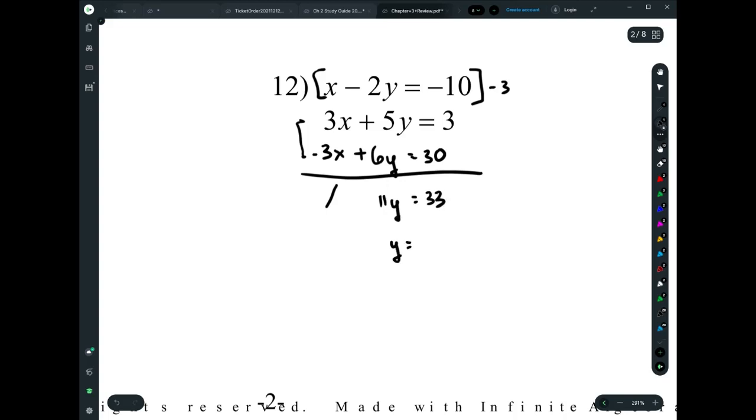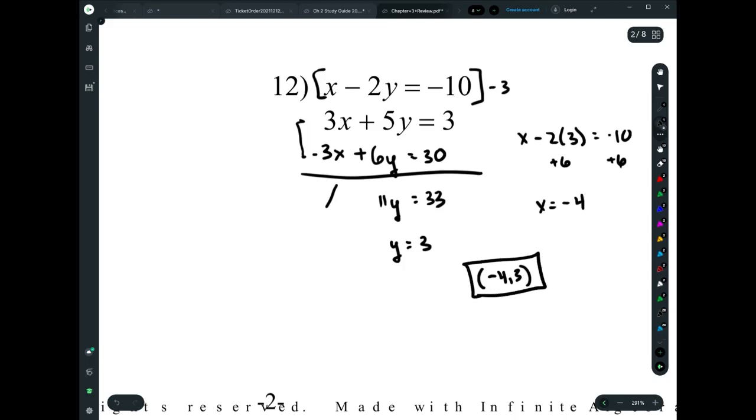Y is going to be 3, and x minus 2 times 3 equals -10. X is going to be -4. I know I crash course pretty quickly through those. But again, try a method you like, go back and check them out.